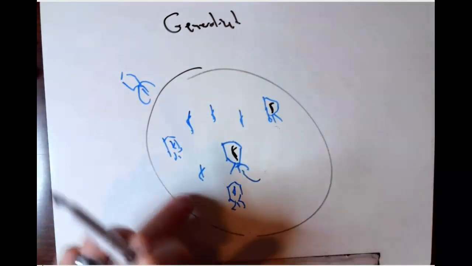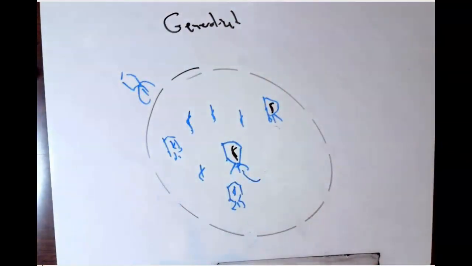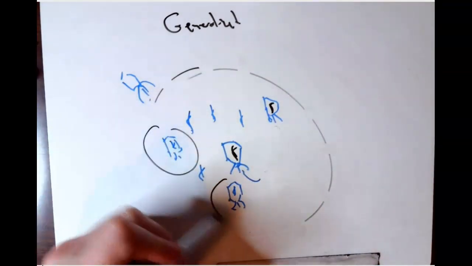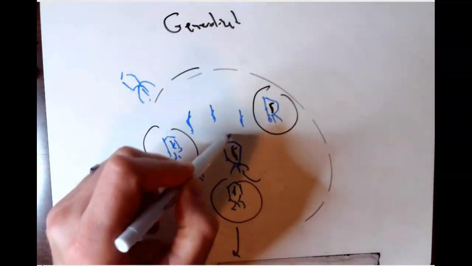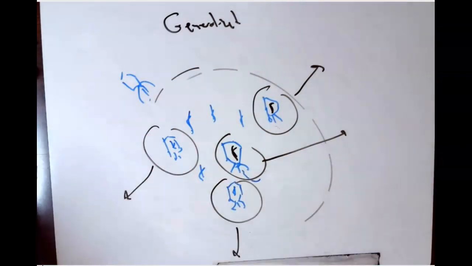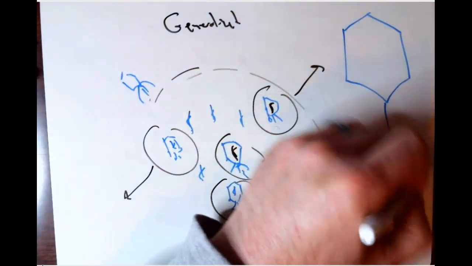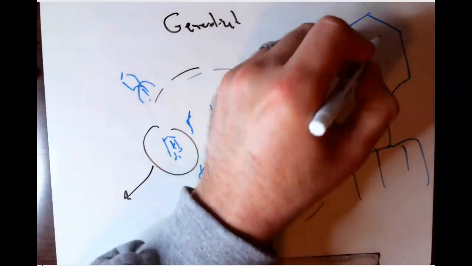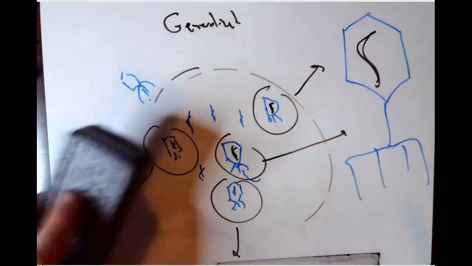Now, as this process continues and the cell eventually bursts under the strain of all these viral particles, yes, we will be releasing normal viral particles into the environment that can continue the infection, but we will also be sending out into the environment these very unique pseudoviruses that are a fully functional viral shell, but what they contain is bacterial DNA.